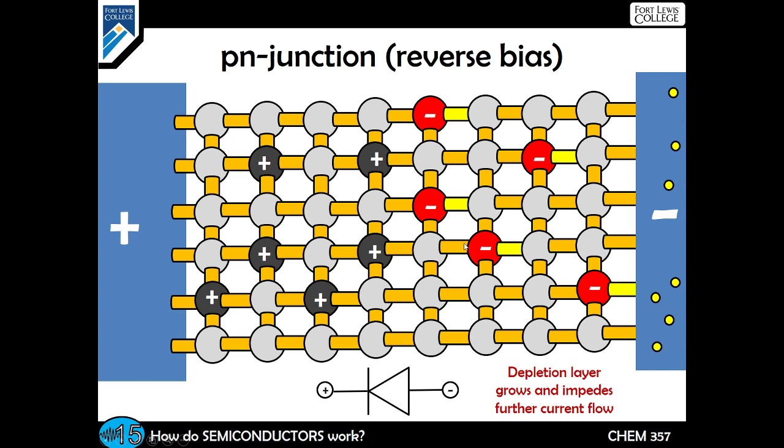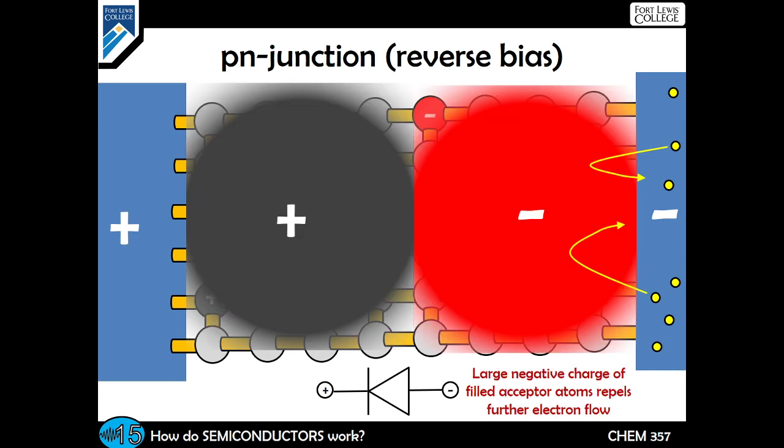And what happens is this starts to impede the further flow of electrons, because you've built up a much larger negative charge here and a much larger positive charge here. And so electrons that have negative charges that want to flow in this direction will be repelled by this buildup of charge that has occurred. So it takes more and more energy to push them through, and they just won't go.